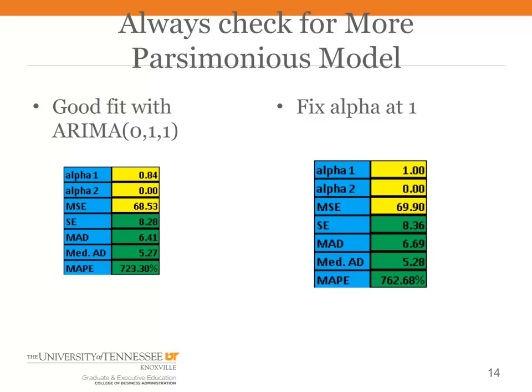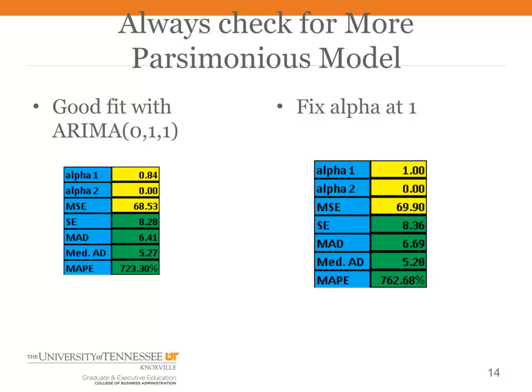Even if the value of alpha is in the valid range, but it's close to 1, you should always consider a simpler model. For example, on the left, I have fit an exponential smoothing model. Alpha came out to be 0.84.